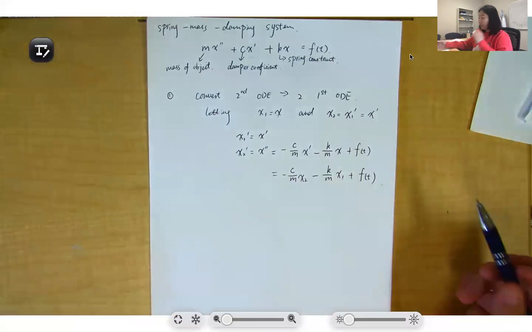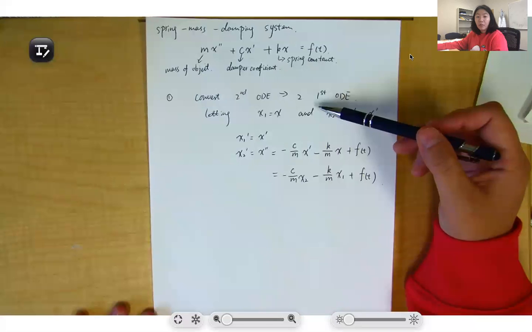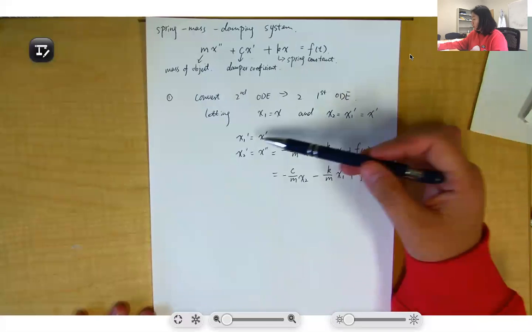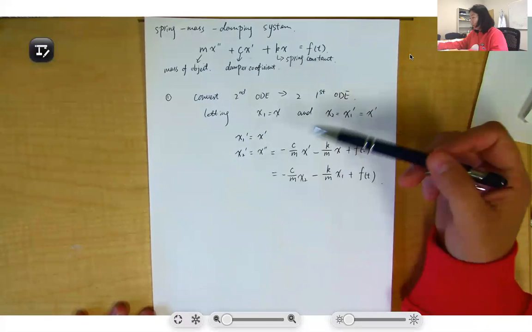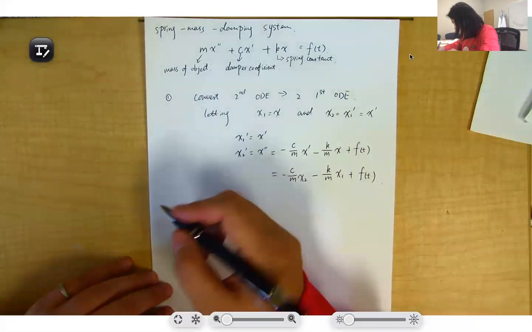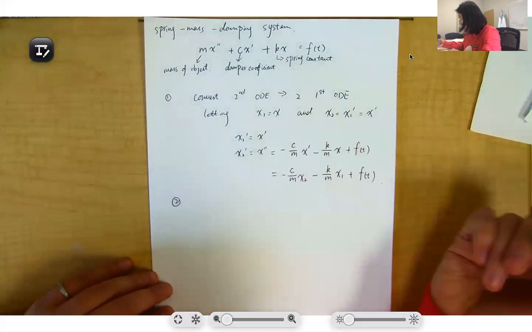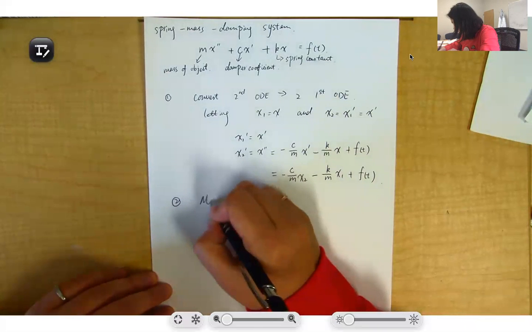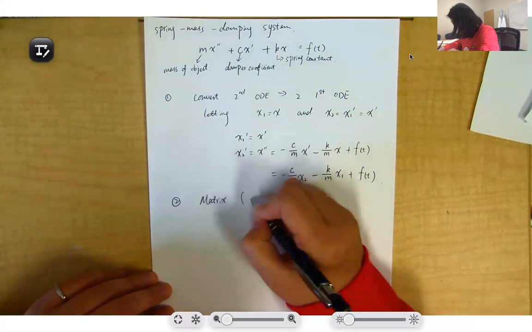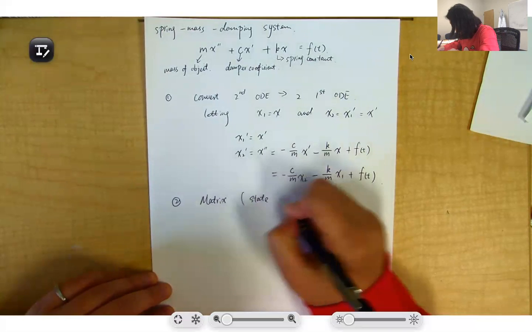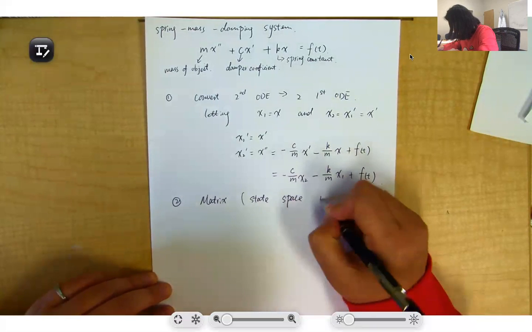So after we convert this second order ODE into two first order ODEs, then we can write it in matrix format, which we can also call the state space representation.